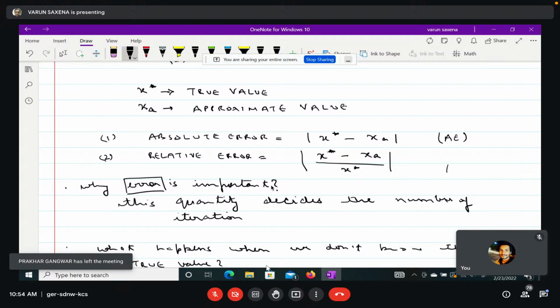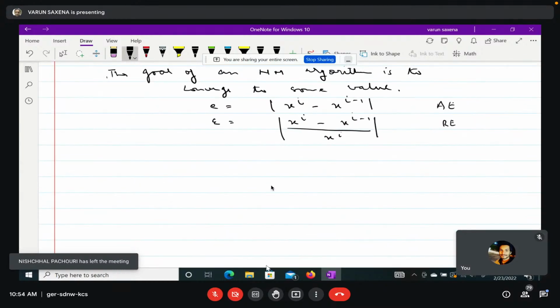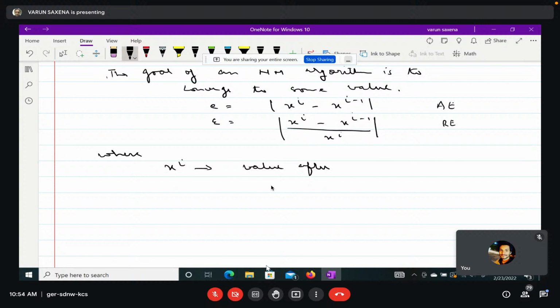Where x_i is the value after the ith iteration and x_(i-1) is the value after the (i-1)th iteration.